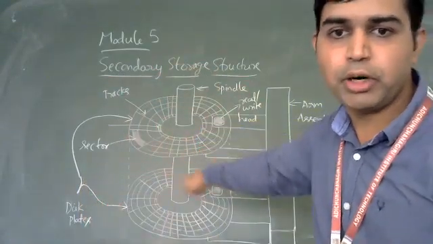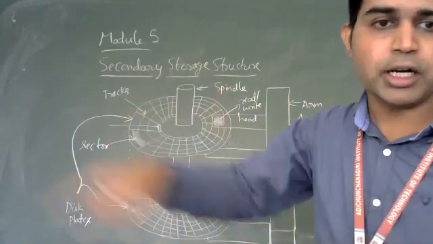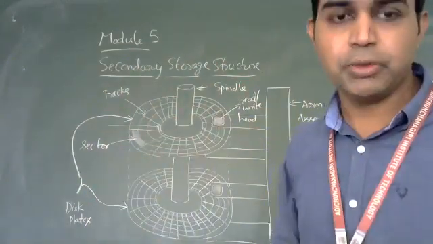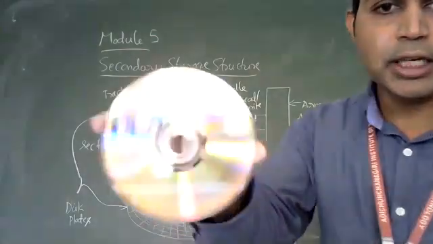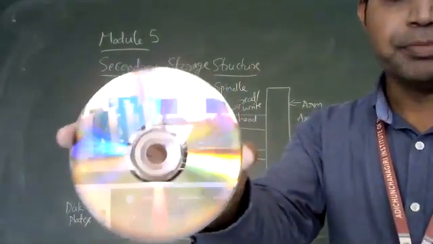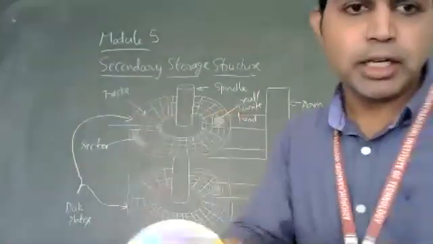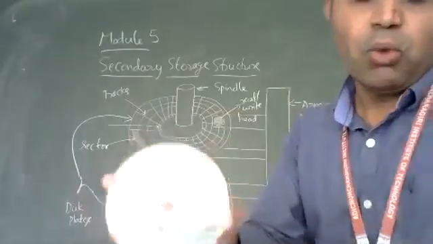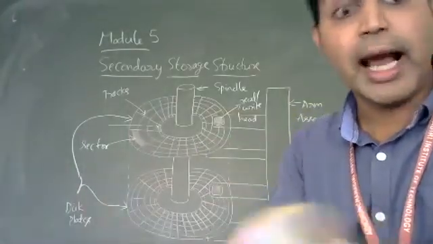It is shown in your diagram also. Those circles are called tracks. You can see the circular fashions, and you can observe that in any CD. Those circular fashions are called the tracks.